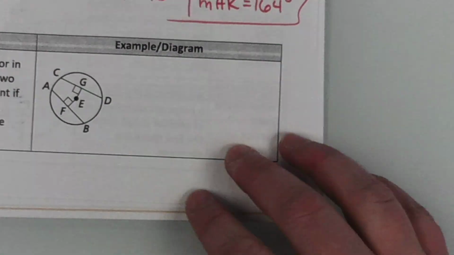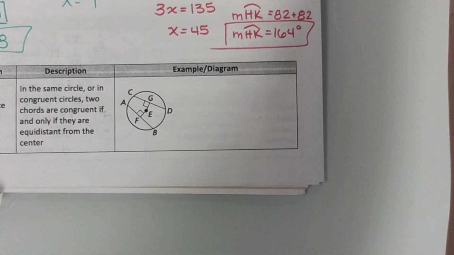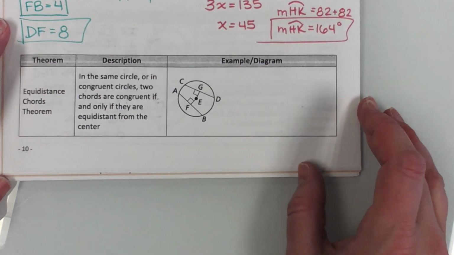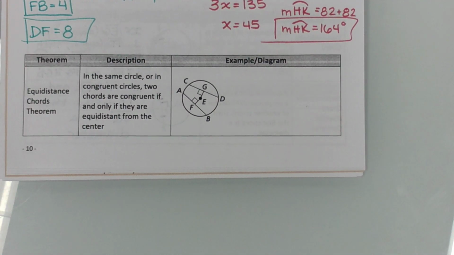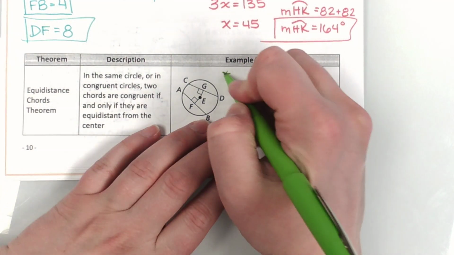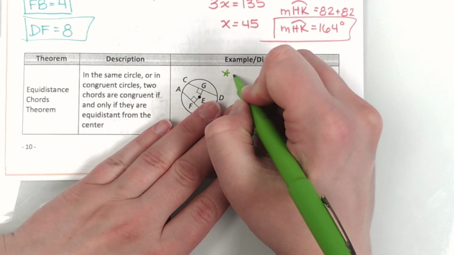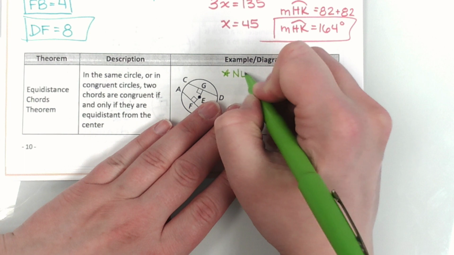Okay. One final theorem that's going to lead us into our final problems. The Equidistant Chord Theorem states that in the same circle or in congruent circles, what makes circles congruent? What measurement? Radii. Yep.